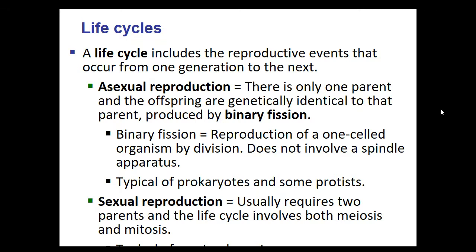Binary fission is the type of reproduction that one-celled organisms do. They just divide in half. Binary means two, fission means to split apart. Most one-celled organisms reproduce this way, split in half.